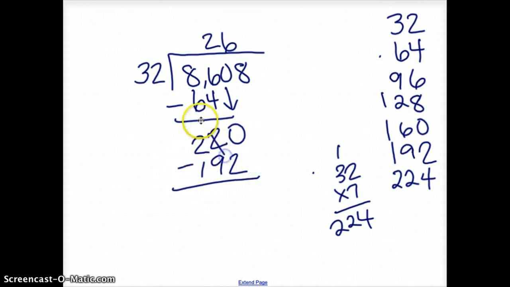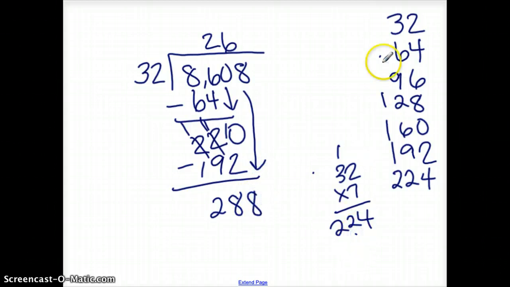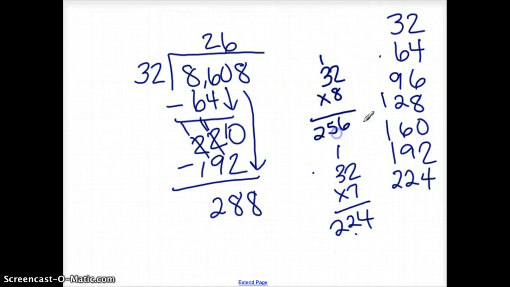Subtract. 10 minus 2 is 8. Can't do that. 11 minus 9 is 2. Bring down my 8. Now I have 288. I need to multiply again. 32 times 8. 8 times 2 is 16. That's 256.